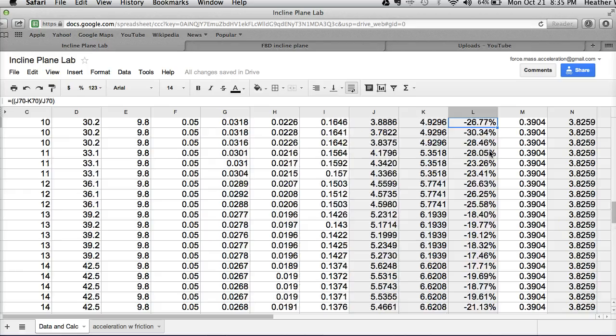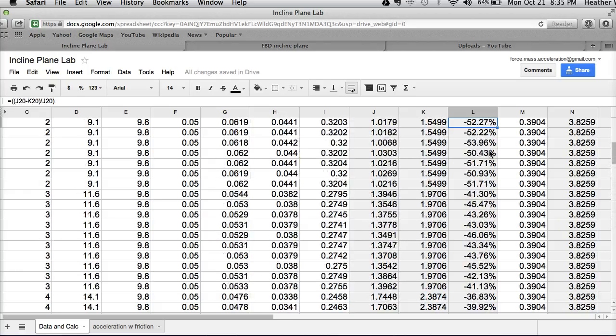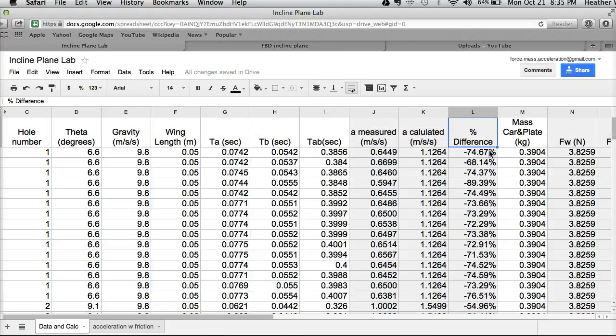So we know that g sine theta isn't a good model for our force of action going down the plane. We need to incorporate friction. With this, we then need to know the mass of the car plus one plate, which I measured in lab. I used two scales because our scales don't go up high enough.